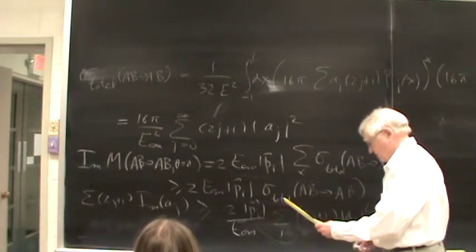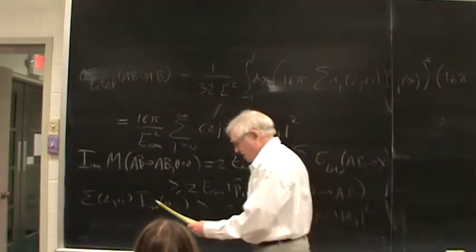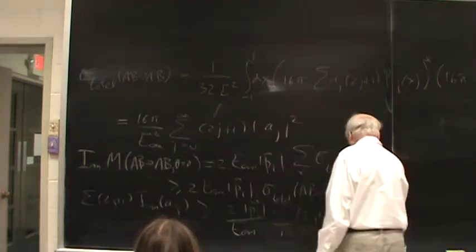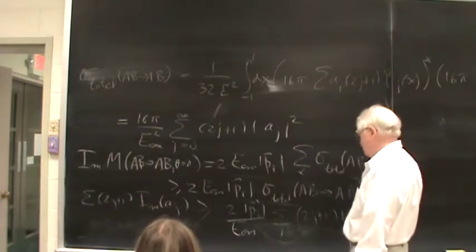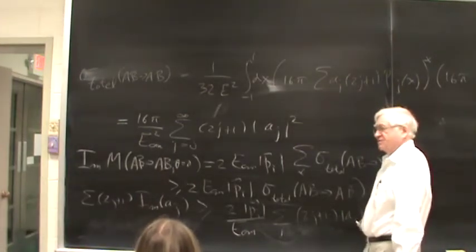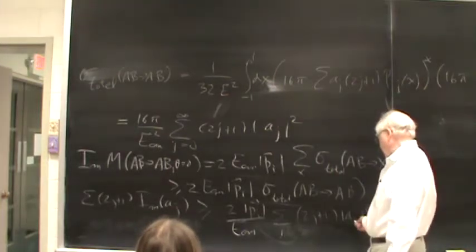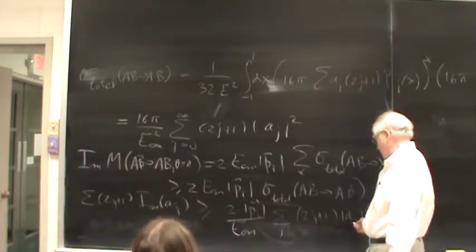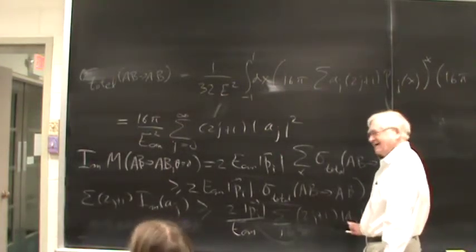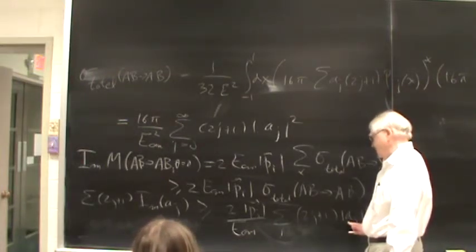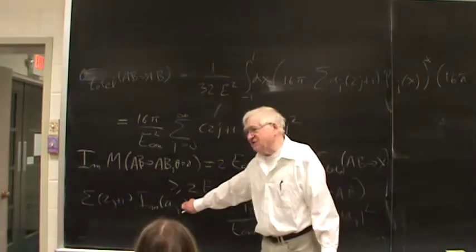It's got all these sums, but now you can say, well, this tells us something, because this is aj squared. This means that the aj can't get too big, because it's less than the imaginary part.